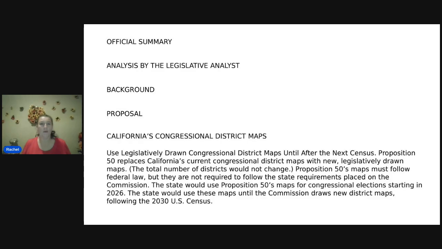The total number of districts would not change. Proposition 50's maps must follow federal law, but they are not required to follow the state requirements placed on the commission. So that's the neighborhoods and communities of interest that we talked about earlier.